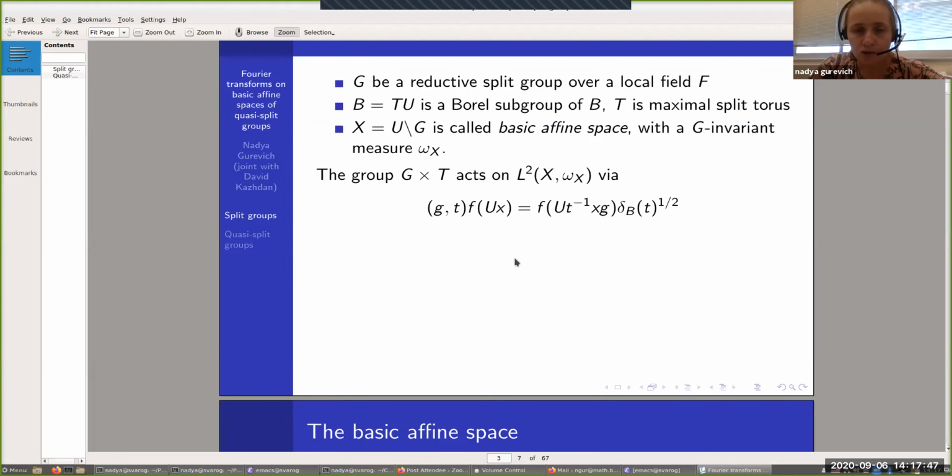And as you see, the action is geometric. We introduce an extra modular character delta_B just to make this action unitary.